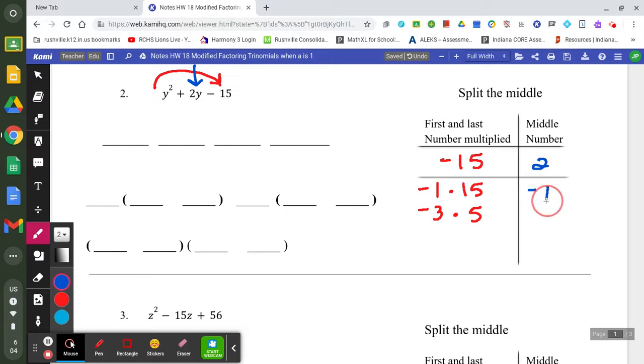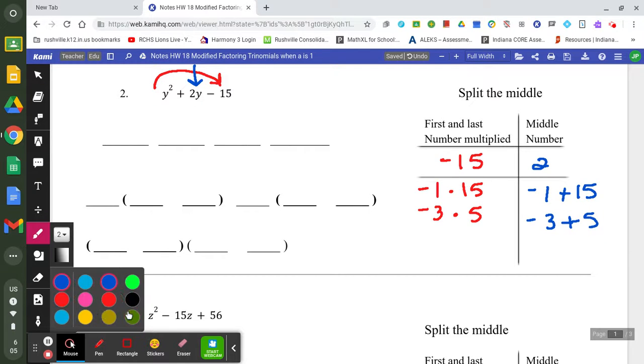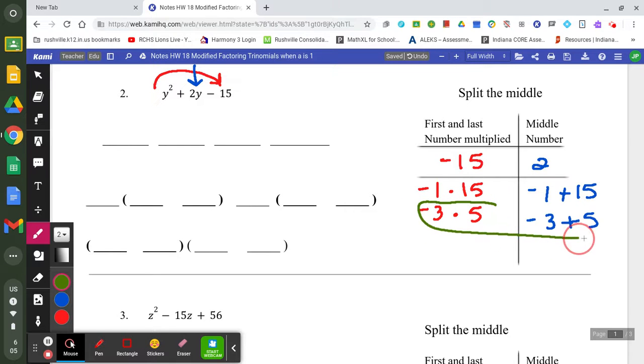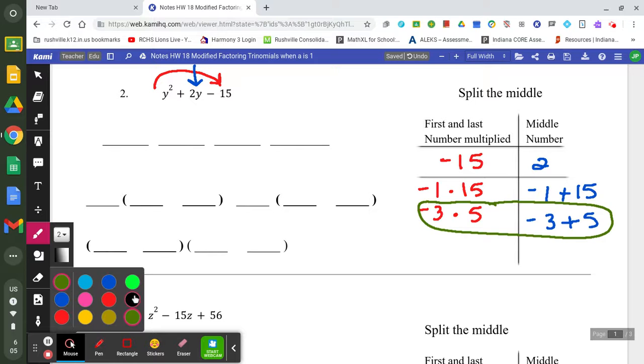So negative 1 plus 15 and negative 3 plus 5. Well, the negative 3 plus 5 is the set of numbers that works for both multiplying to negative 15 and adding to 2. So now I'm going to split this into 4 terms.